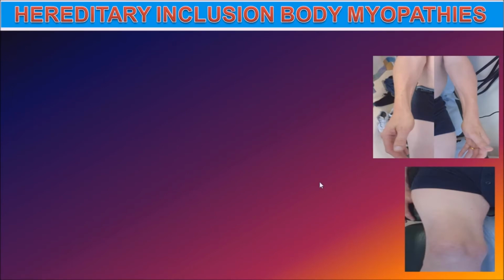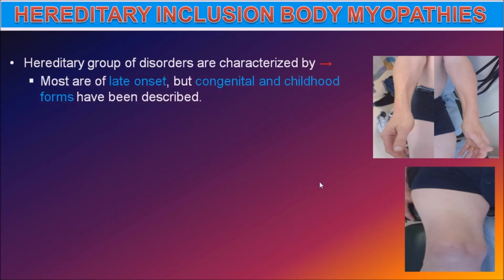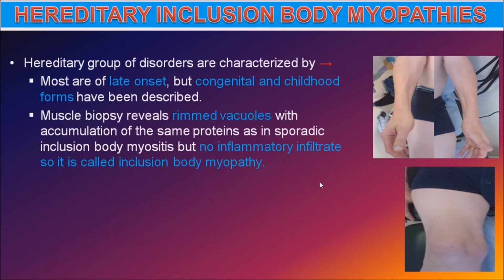Hereditary inclusion body myopathies. Hereditary group of disorders are characterized by: most are of late onset, but congenital and childhood forms have been described. Muscle reveals vacuoles with accumulation of the same proteins as in sporadic inclusion body myositis, but no inflammatory infiltrate, so it is called inclusion body myopathies.